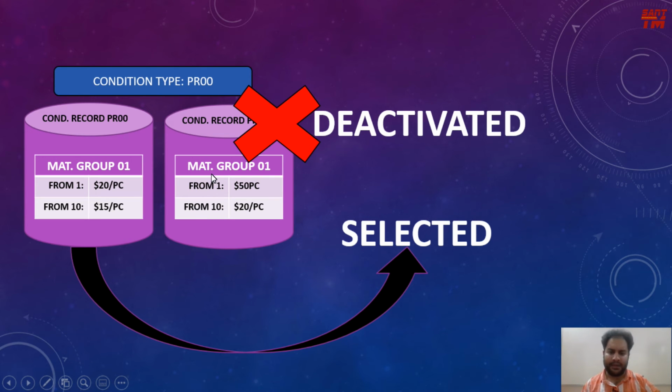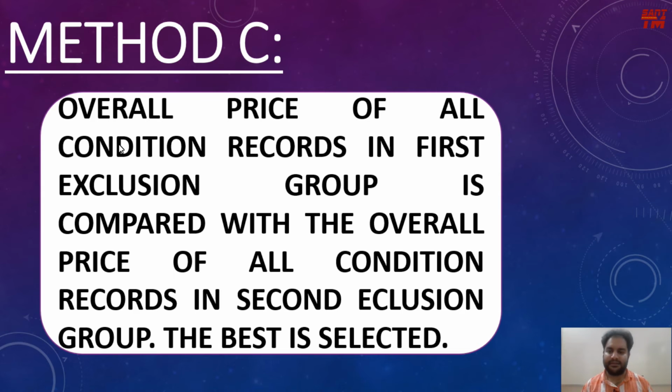Okay, now let us move on to method C. Method C says the overall price of all condition records in the first exclusion group is compared with the overall price of condition records in the second exclusion group and the best one is selected.